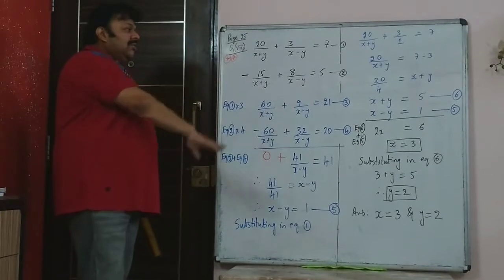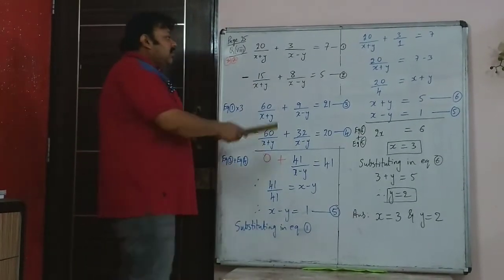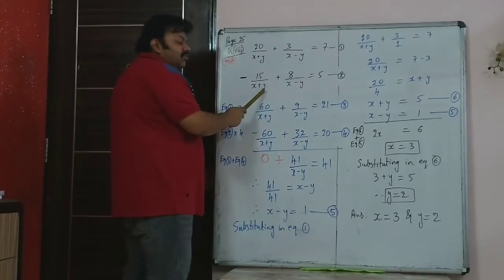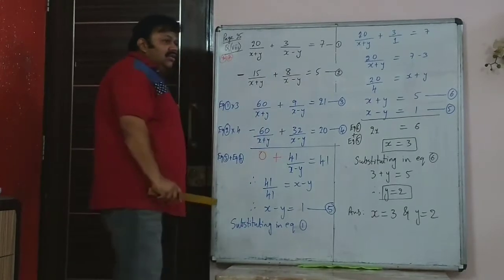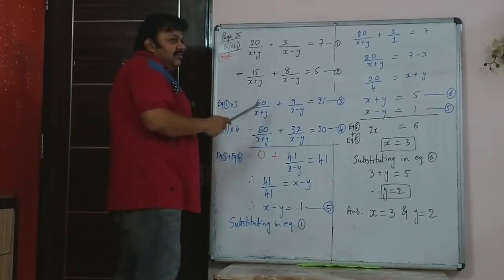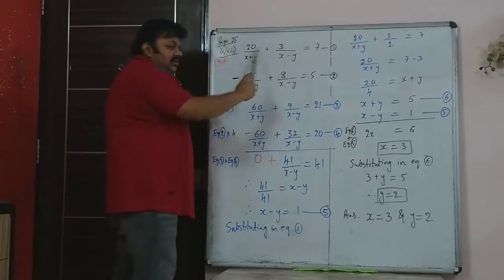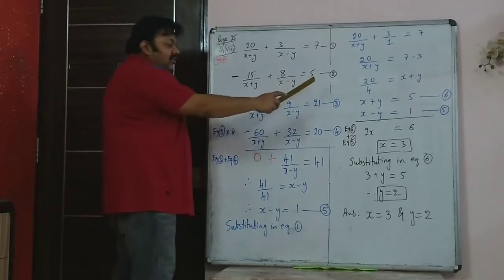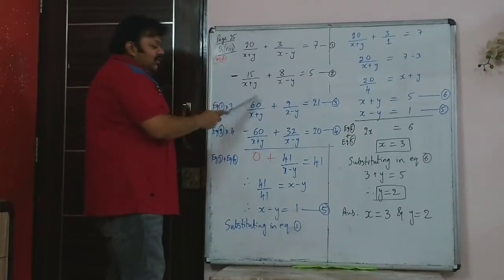This is a typical method of solving such a sum. Nothing different. What did you do? You just made sure that x plus y and x plus y are written one below the other, and x minus y and x minus y are written one below the other. And you have multiplied the first equation by 3 and the second equation by 4, so that you have the same coefficient for x plus y.